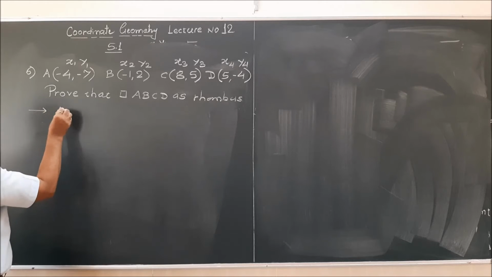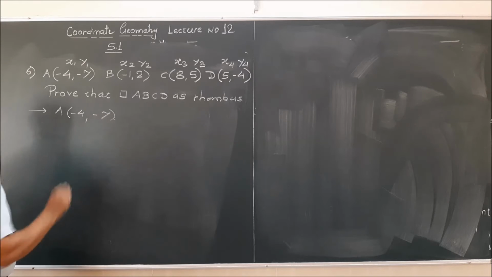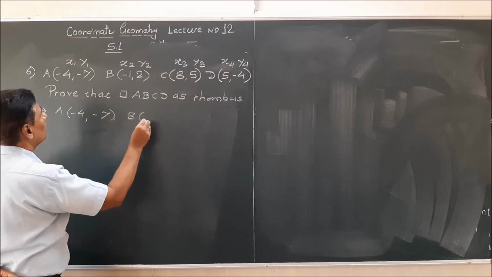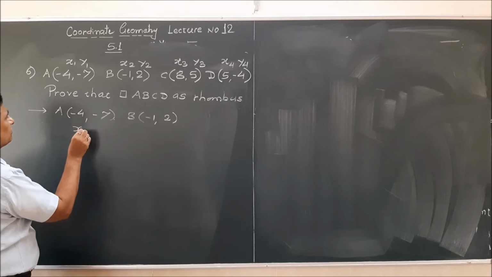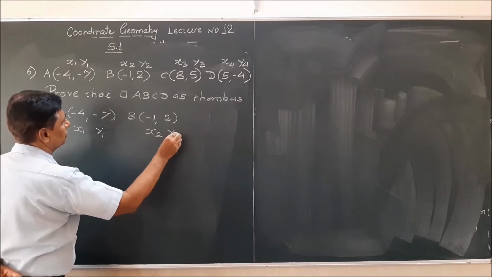AB. Now what are the coordinates of A? -4, -7. And what are the coordinates of B? B are -1, 2. Call it x2, y2.